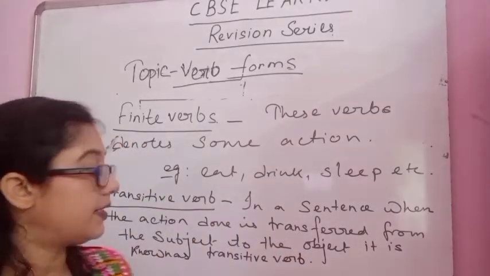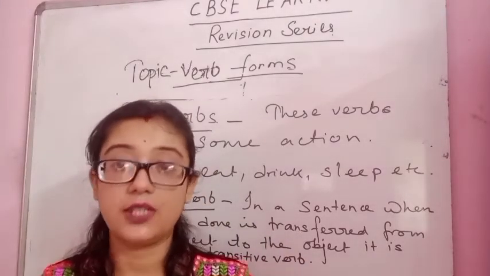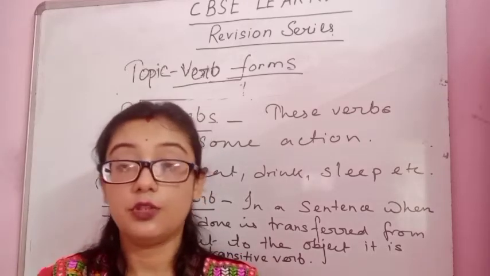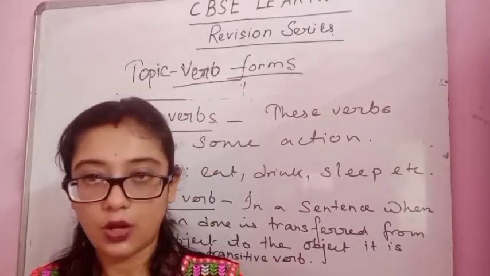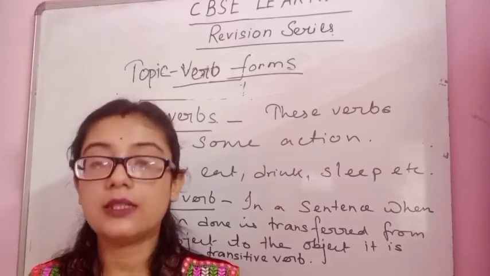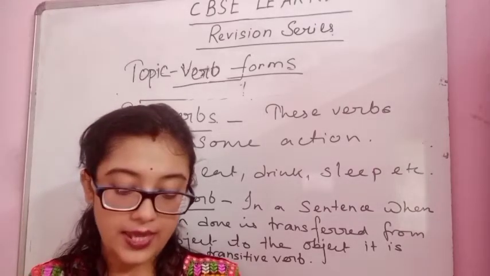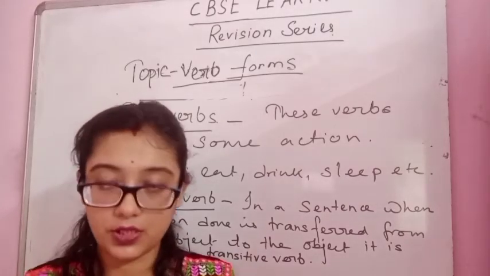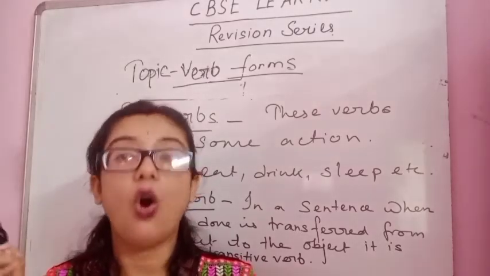When the action you are doing is transferring from the subject to the object, you have one object, that is known as transitive verb. In case of transitive verbs, it has an object.